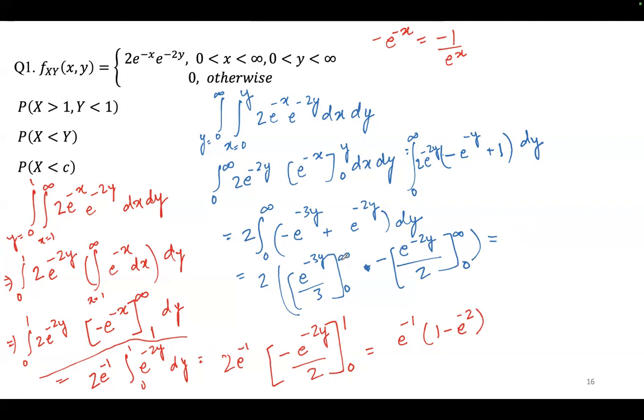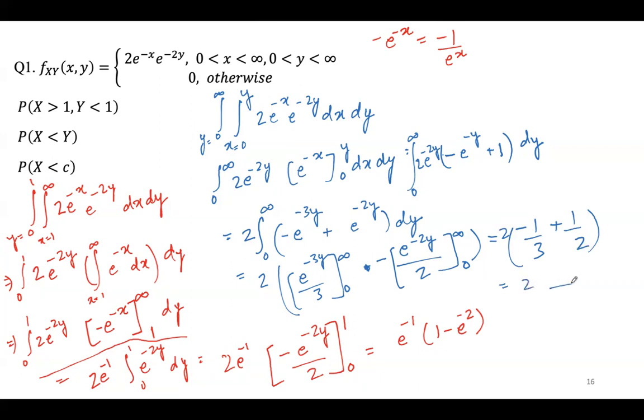Okay. So again, when you put infinity, in the denominator is e to the power infinity, a very small number, that becomes 0. So you have a minus when you put 0 here. When you put 0, everything here becomes 1, right? So it's going to be minus 1 by 3 plus 1 by 2, into 2.